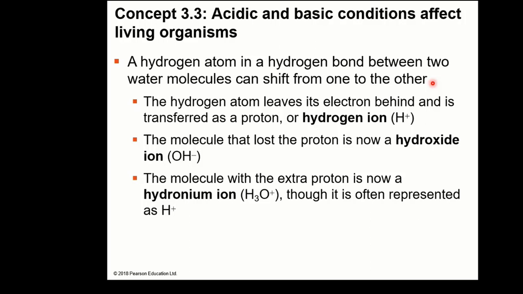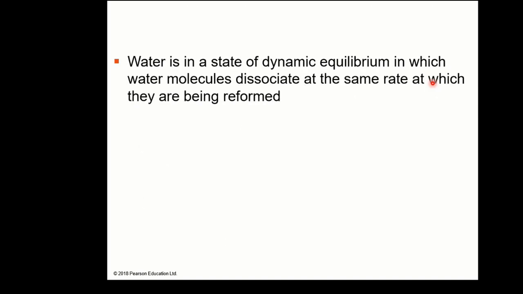The hydrogen ion is H plus. The molecule with the extra proton is now a hydronium ion, H3O plus, though it is often represented as H plus.